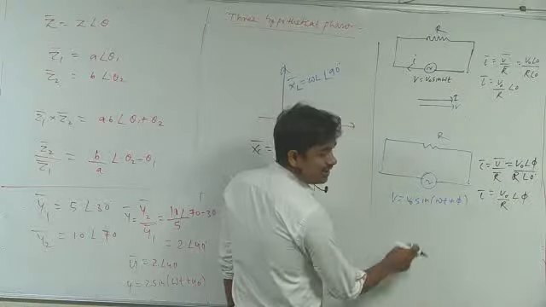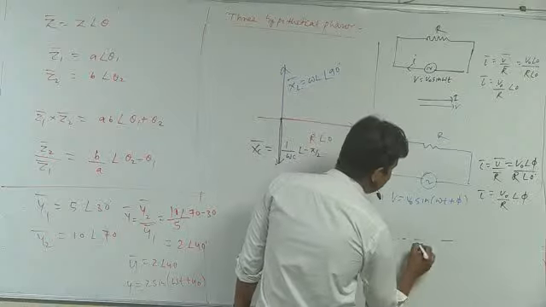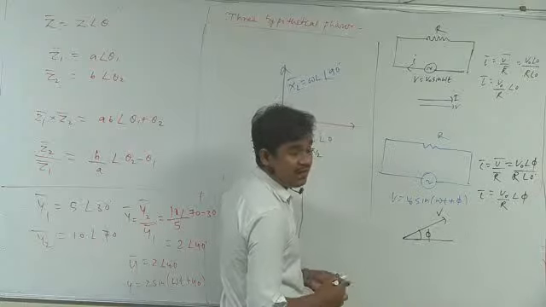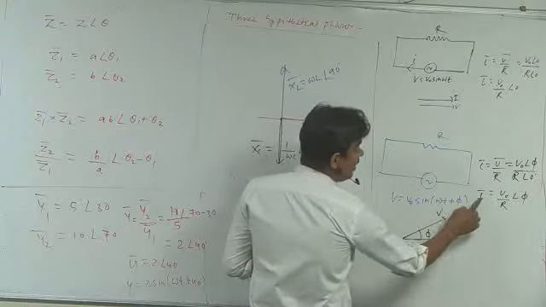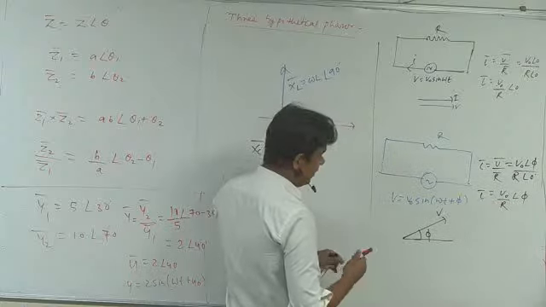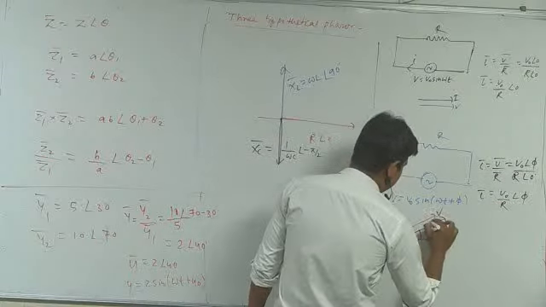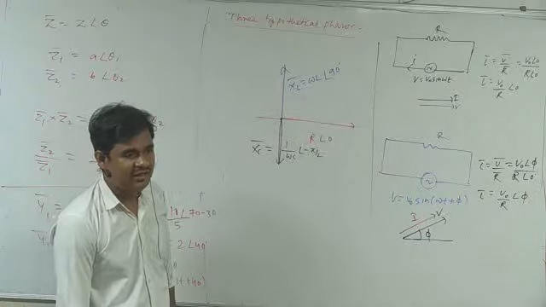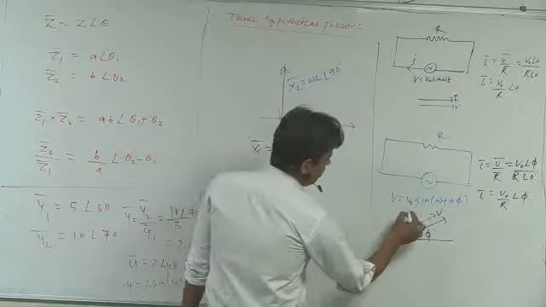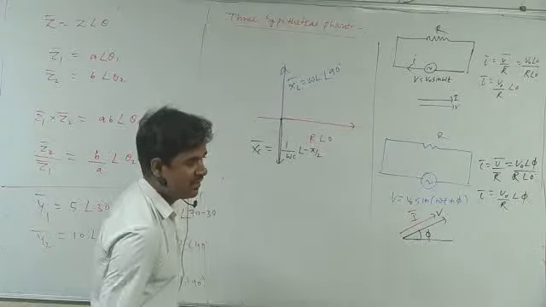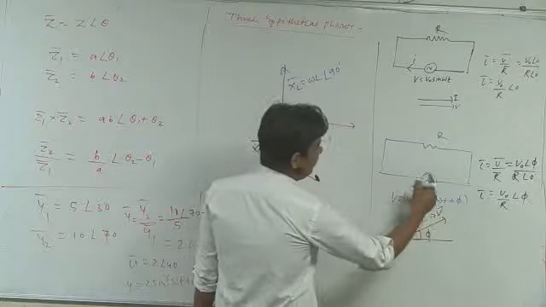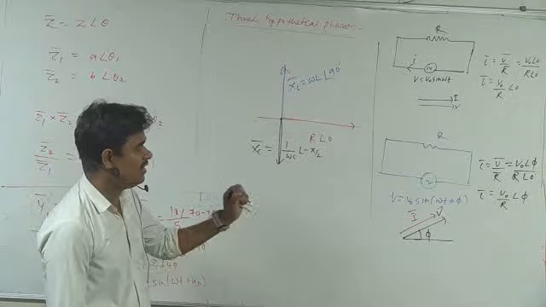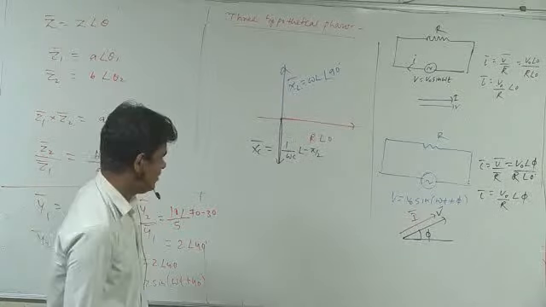If I represent V in phasor form, how much angle is it ahead? Phi, sir. What is the I phasor? Angle phi. That means it is in the same sense. Yes or no? Is that clear? Understood? Yes. V phasor and I phasor are always in the same phase. Current and voltage are in the same phase across a resistor.